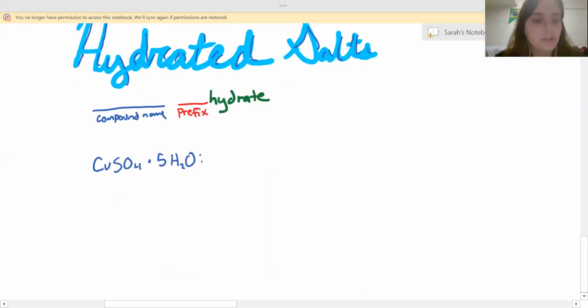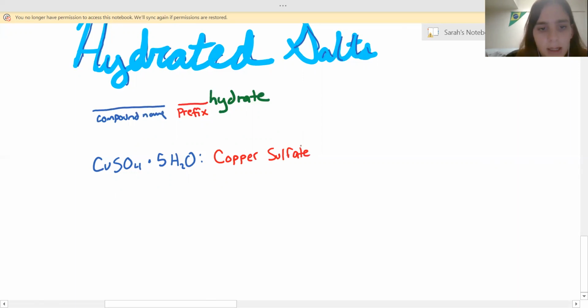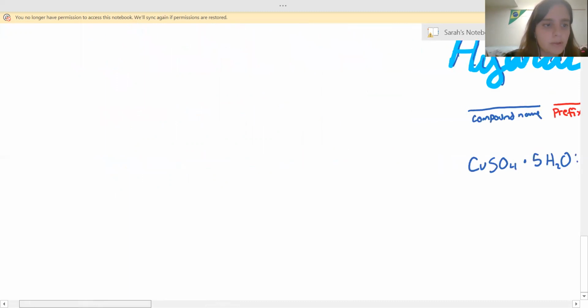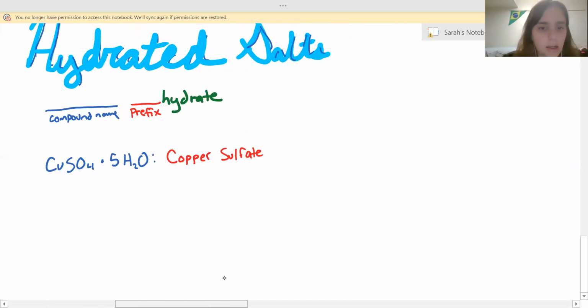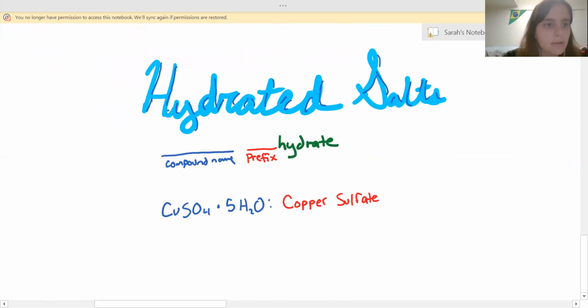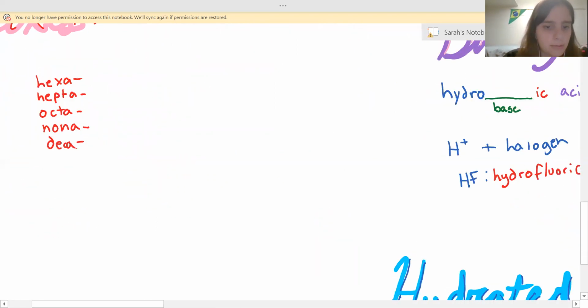Okay, so let's do this example. This is copper sulfate. Like I said, the first part will just be the compound name, so copper sulfate. And then it'll be the Greek prefix, and if we remember, 5 is penta.